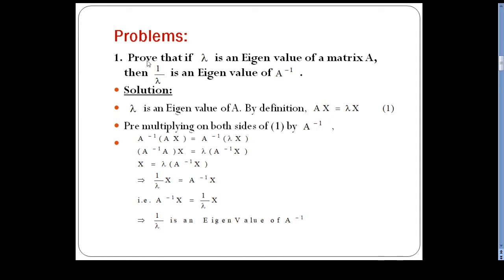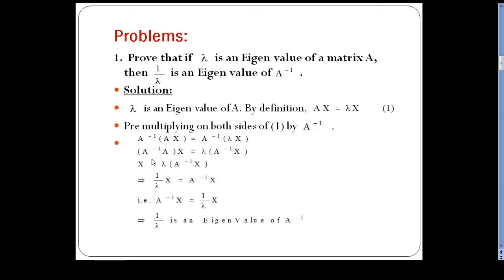First problem: prove that if lambda is an eigenvalue of a matrix A, then 1 by lambda is an eigenvalue of A inverse. Now, when lambda is an eigenvalue of A, by definition, Ax is equal to lambda x. We pre-multiply on both sides with A inverse. We get A inverse into Ax and A inverse into lambda x.